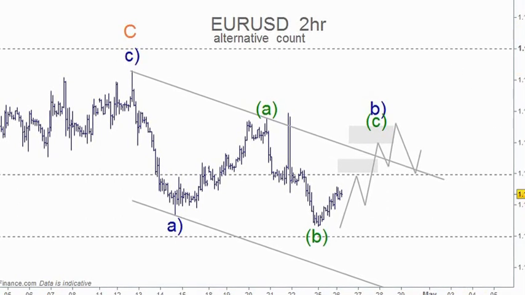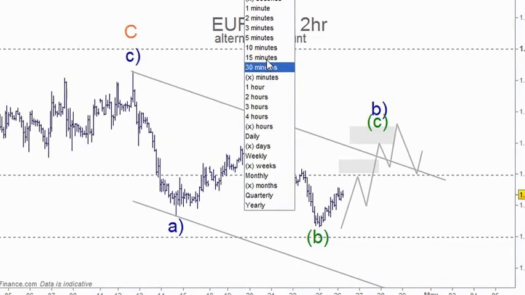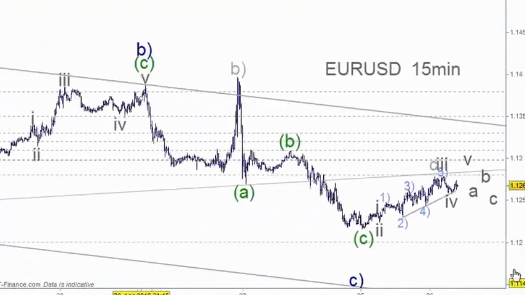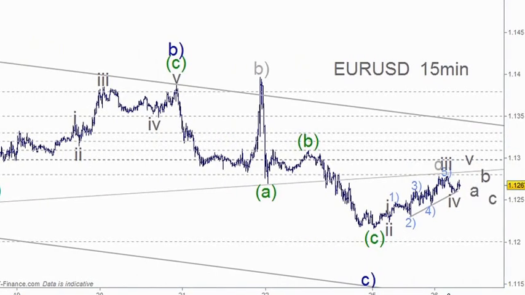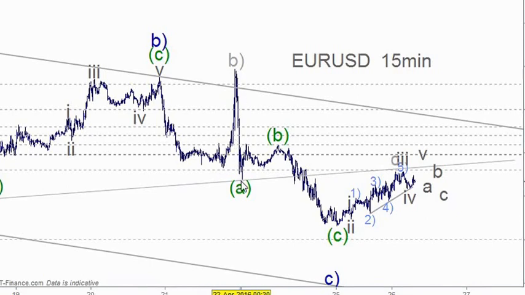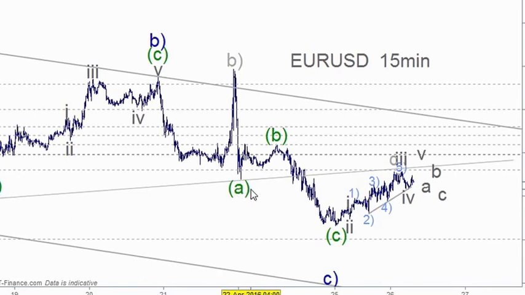Coming back into the 15-minute chart for the scalpers here, this spike does chuck a wobbly in it as such, and I really just want to forget about it for a second.